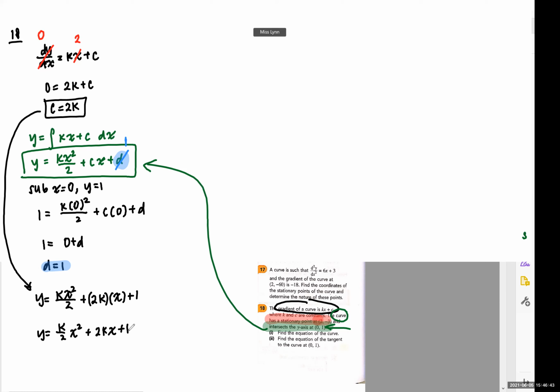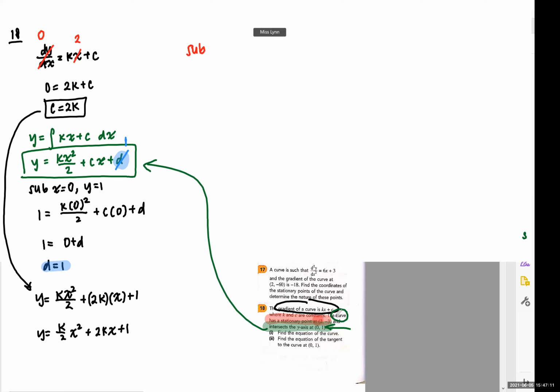So right now, what do I do already? Is there any clue I have not used? Sub the 0, 1? Why do you do that? Sub x equals 2 and y equals -3. Yes, because we have not used that yet, right?